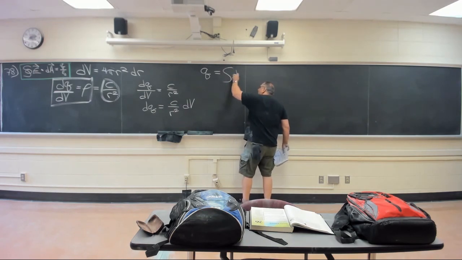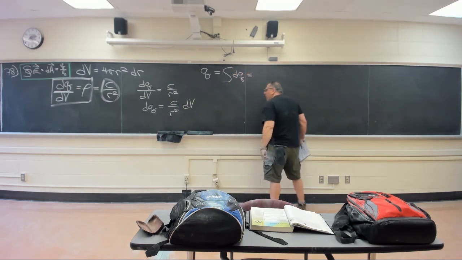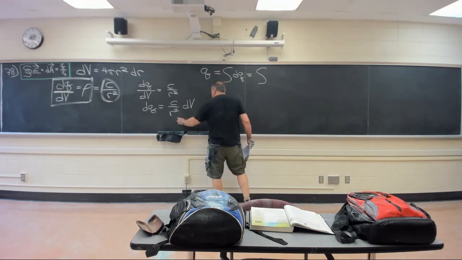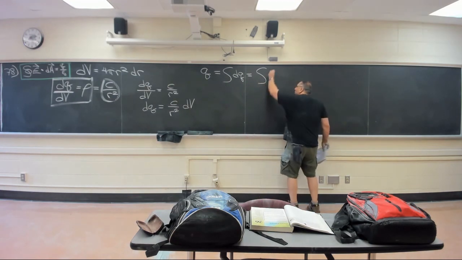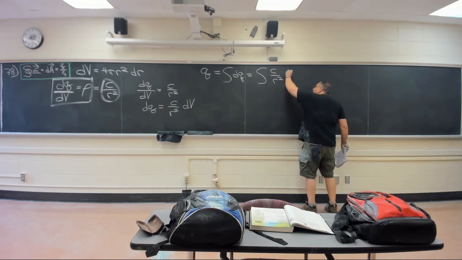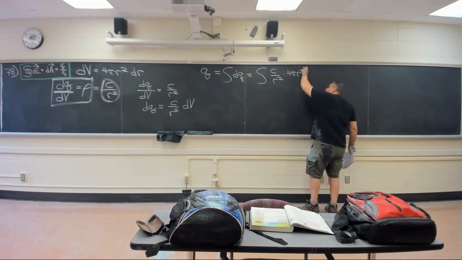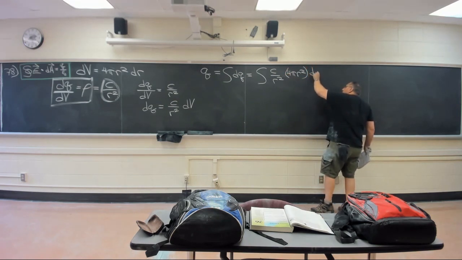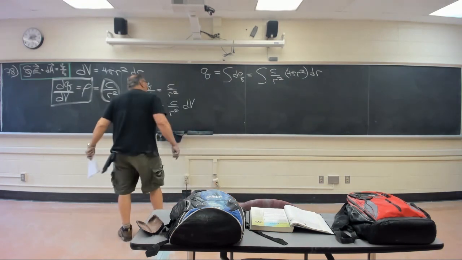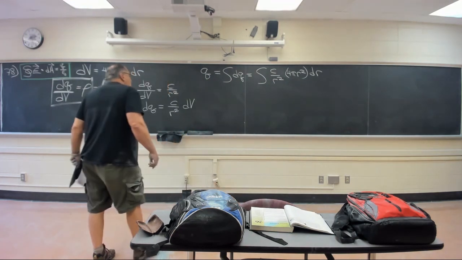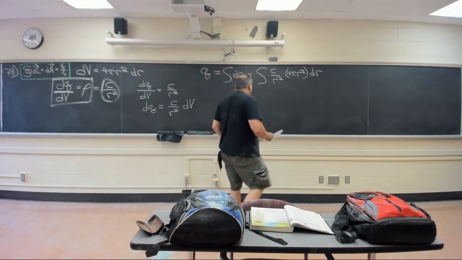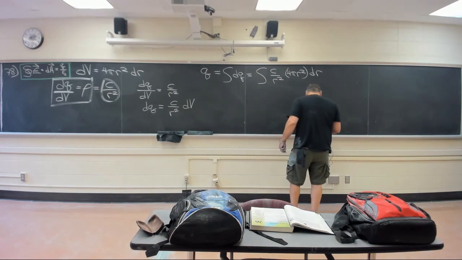We're going to integrate the dq's, which means integrating the charge density, c over r squared, with respect to v, which is 4 pi r squared dr. That'll work. We're going to integrate it from 0 to r.